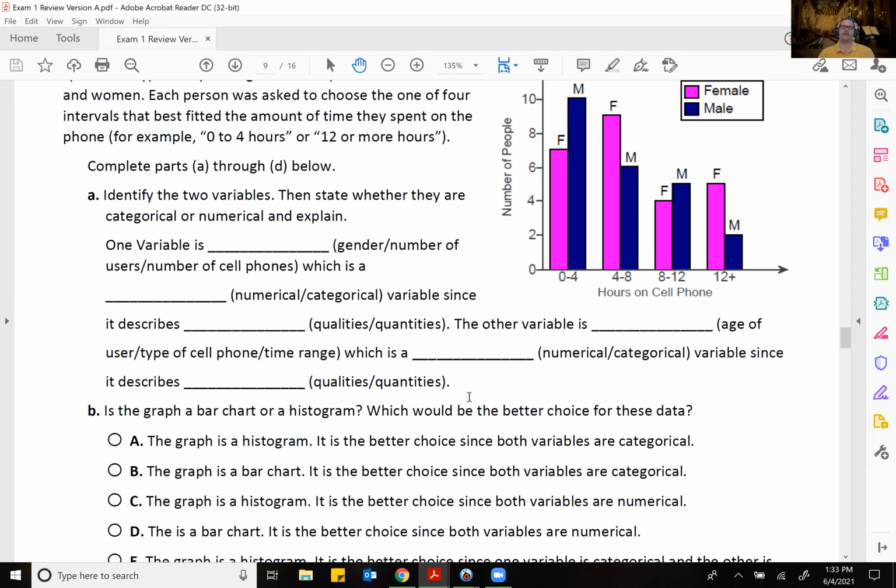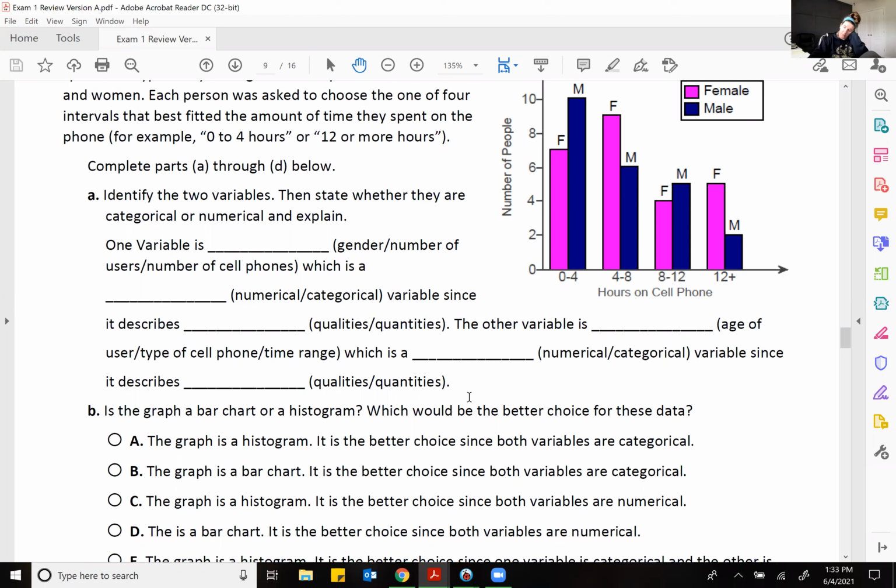Again, another way to think of this, Ruben, is if I said, instead of saying numbers, do you talk on the cell phone a lot or a little? Just in general, that's kind of the question they're asking here. They just actually put some ranges behind that question.